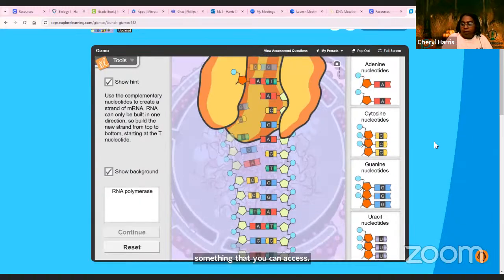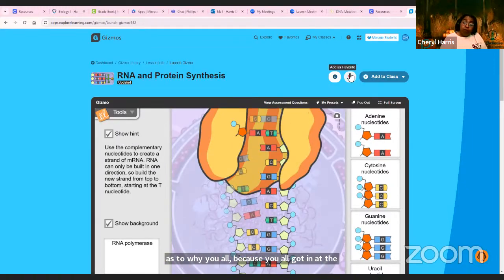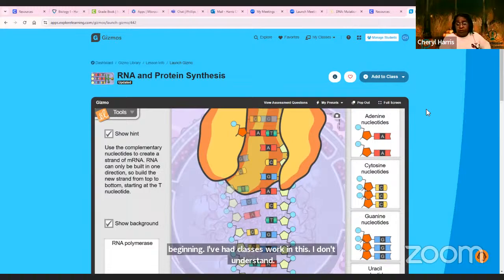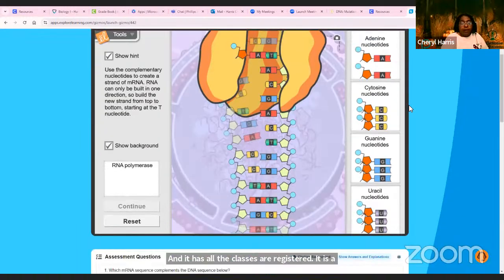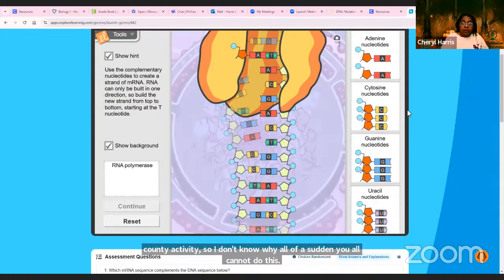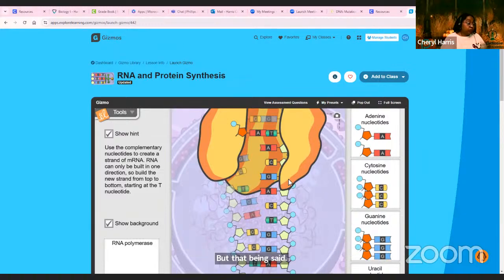I am going to email them and find out, because Mr. Phillips wasn't able to help me as to why you all couldn't get in, because y'all got in at the beginning. I've had classes work in this. I don't understand. All the classes are registered. It is a county activity, so I don't know why all of a sudden you cannot do this. But that being said, I will have the worksheets run off for you for next class.